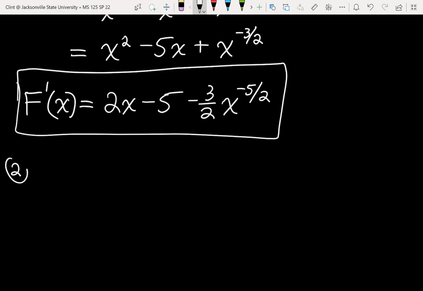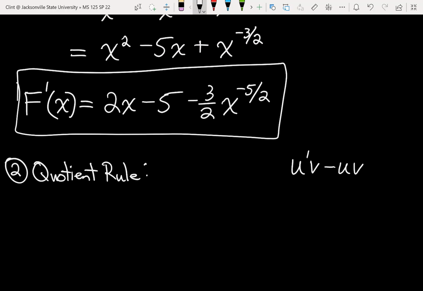Okay, with the quotient rule, this will just help you decide which way you like better when you have a choice. So if we do the quotient rule, the order I do it in is u prime v minus u v prime over v squared.